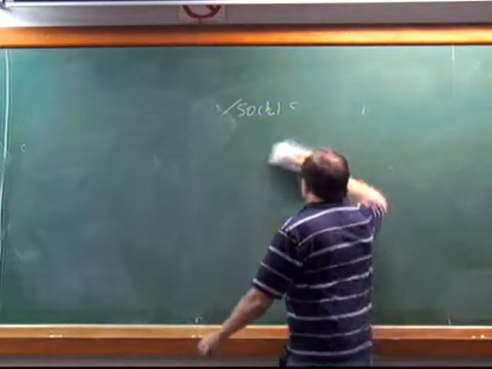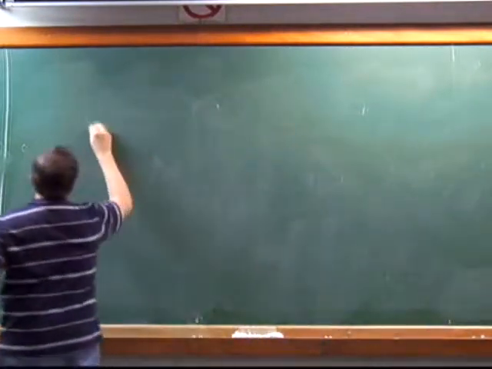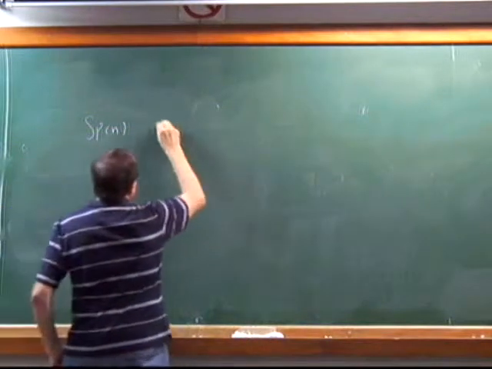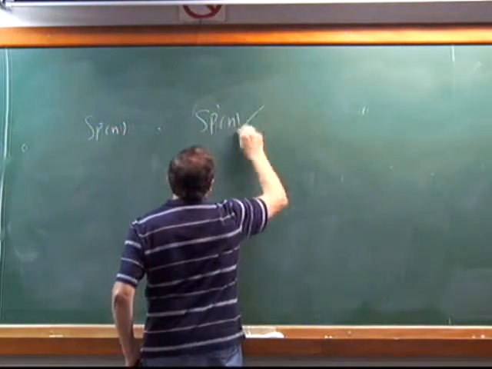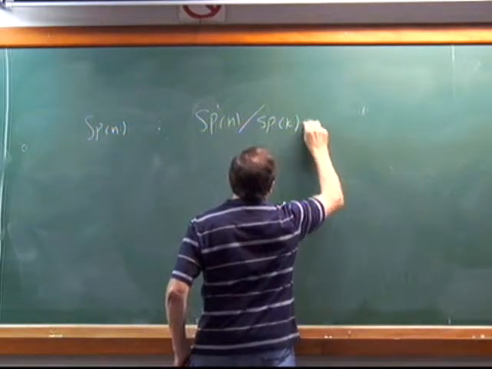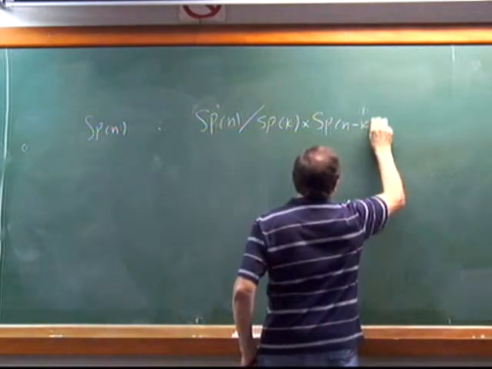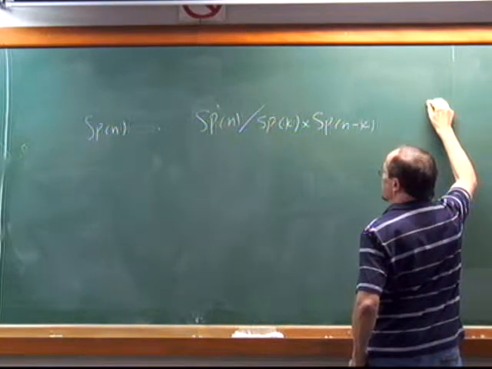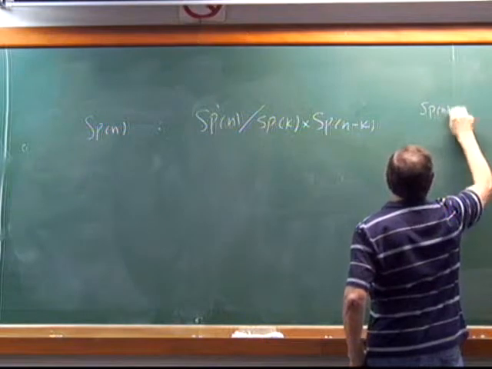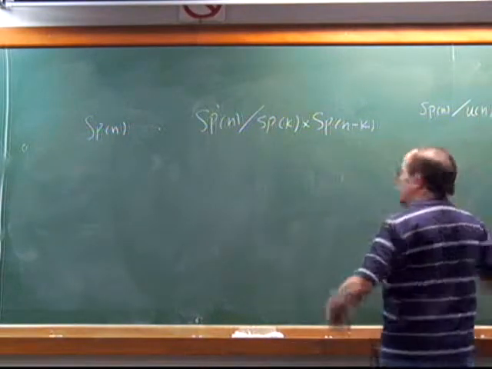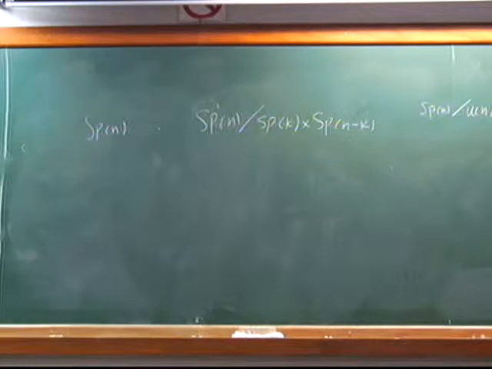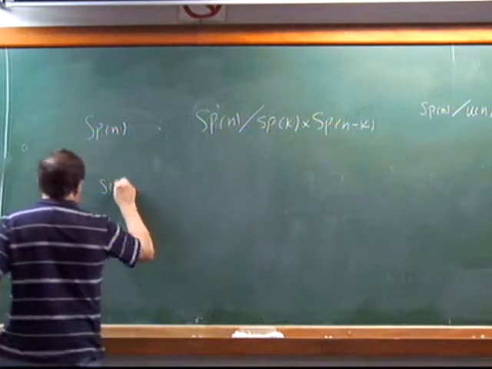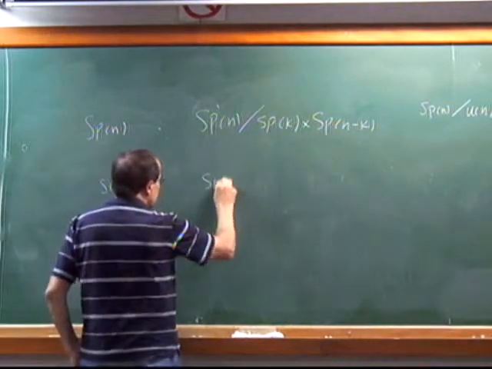For the other one, let me just write down the result. SPN is actually the same kind of argument. So here the quotients I get is a Grassmannian. It's kind of the first case as before, and then I also get SPN mod UN as another symmetric space. For SUN, I have again the Grassmannian.